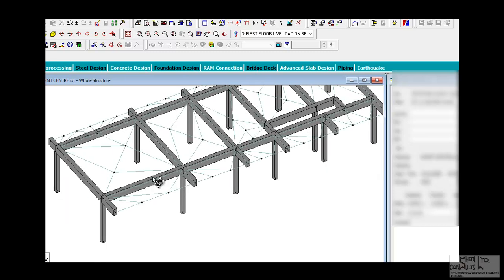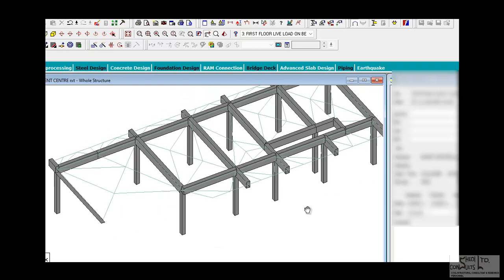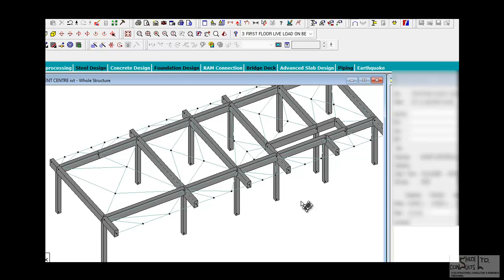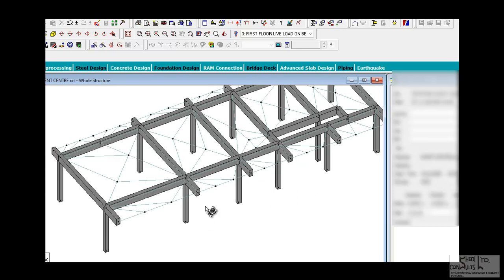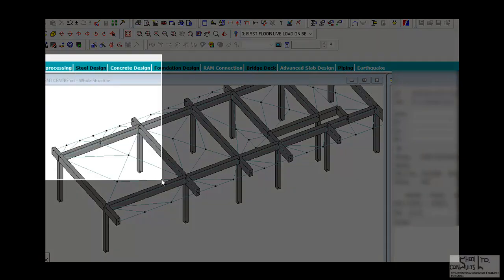Now, typically, the way the loads are transferred from the slab to the beams for a two-way spanning slab is different from the way the loads will be transferred for a one-way spanning slab. You need to pay very close attention. For a two-way spanning slab, the load will be transferred to the beam based on the yield line failure mechanism of that slab.